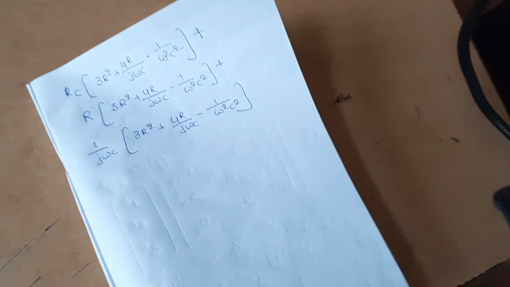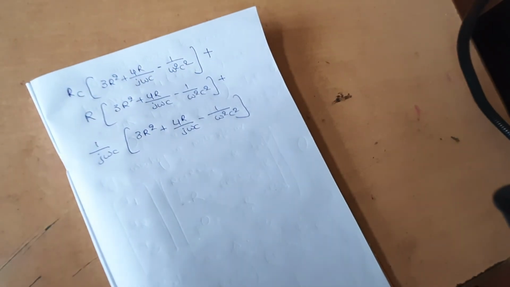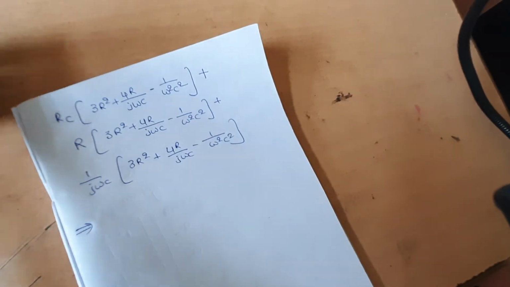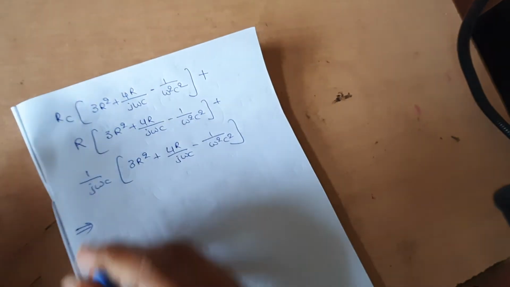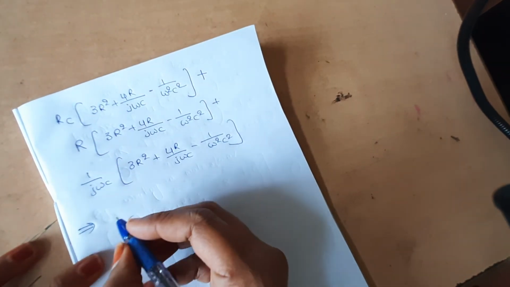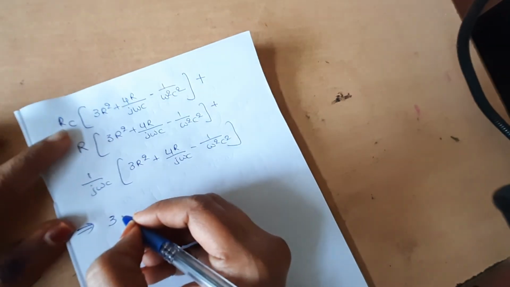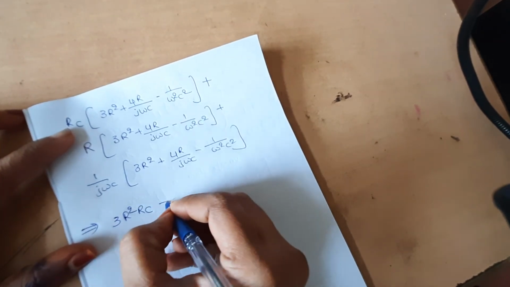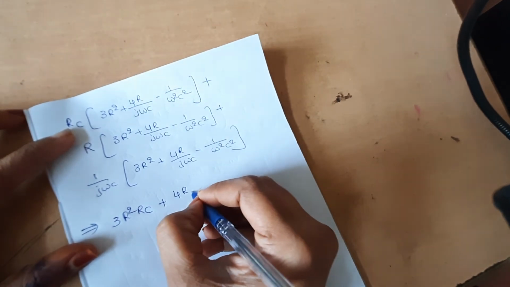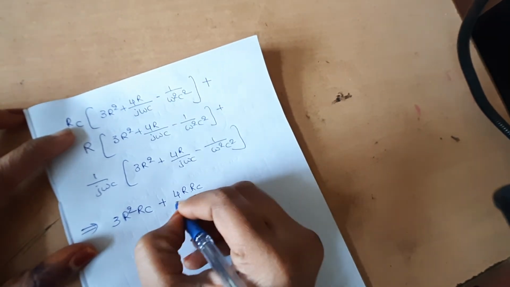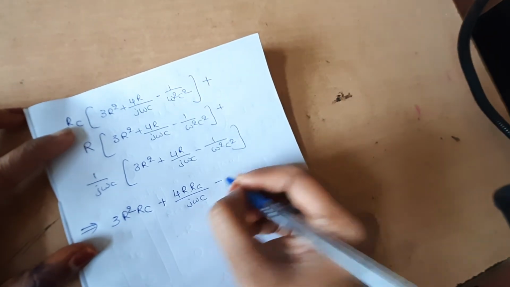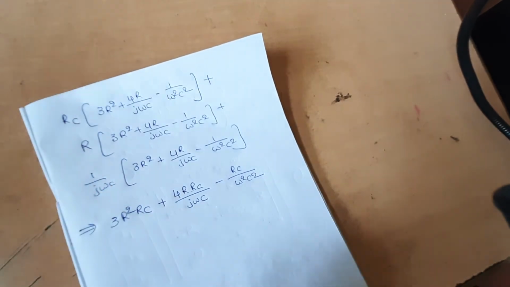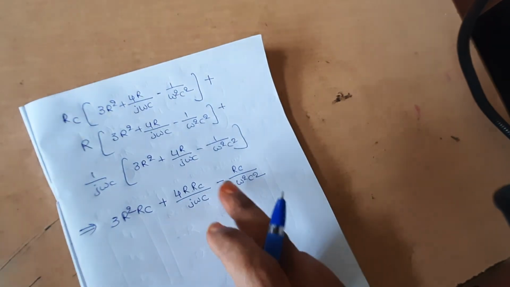So we simplify one by one. So multiplied, the first term is 3R square RC plus 4R RC by j omega C minus RC by omega square C square. So that is our first term.